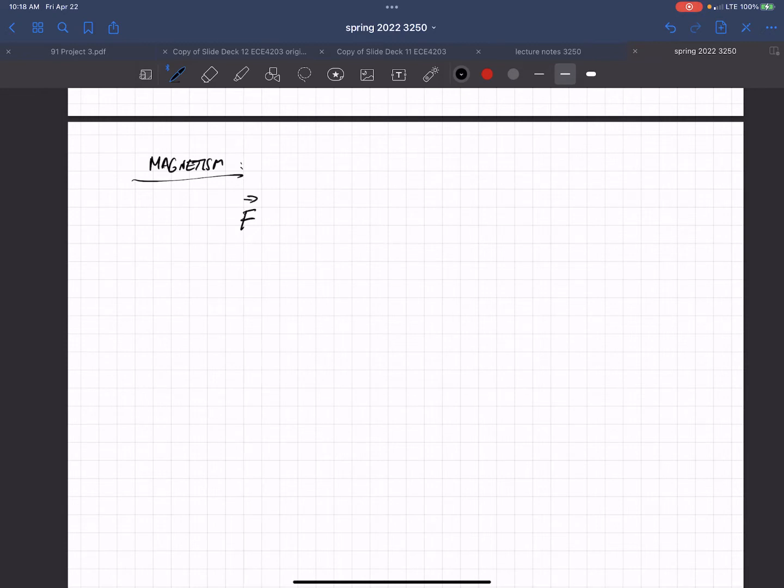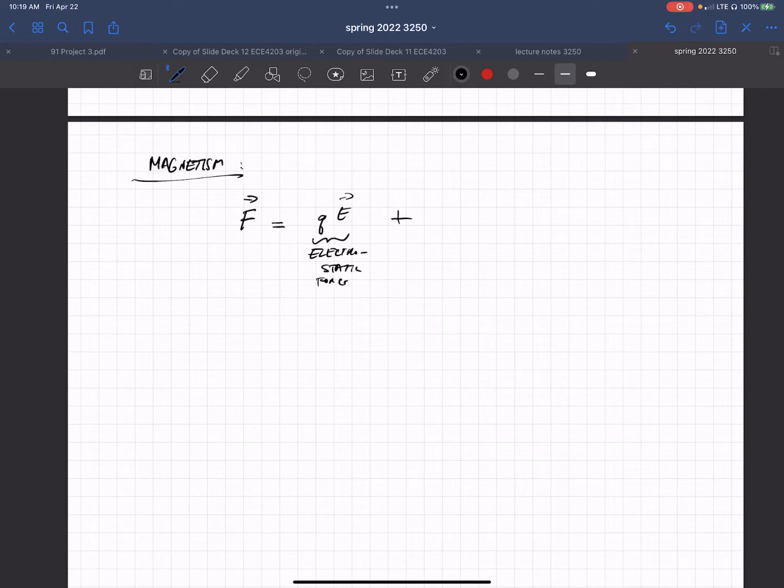So if I was going to write the electric force, it would be Q times the electric field. This is the electrostatic force. There is another force that we see when there is a moving charge.